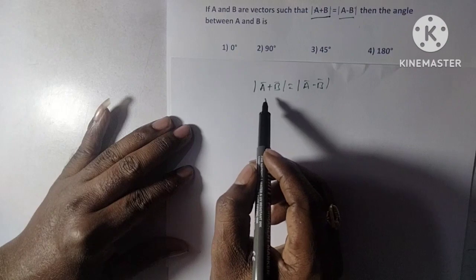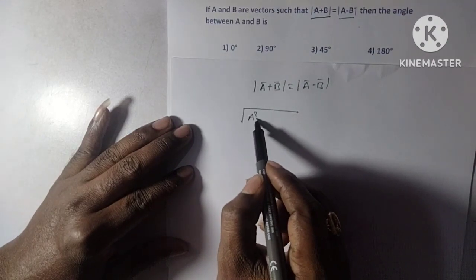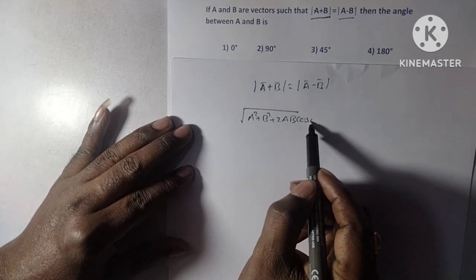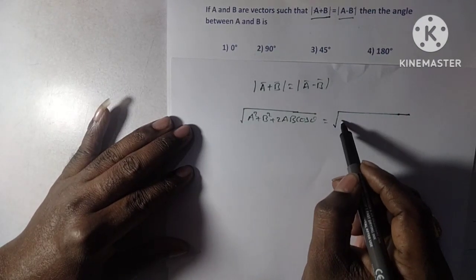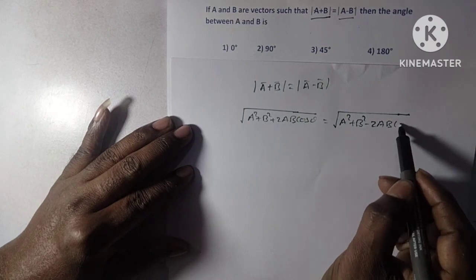According to the parallelogram law of vector addition, the resultant is under root a square plus b square plus 2ab cos theta, which is equal to under root a square plus b square minus 2ab cos theta.